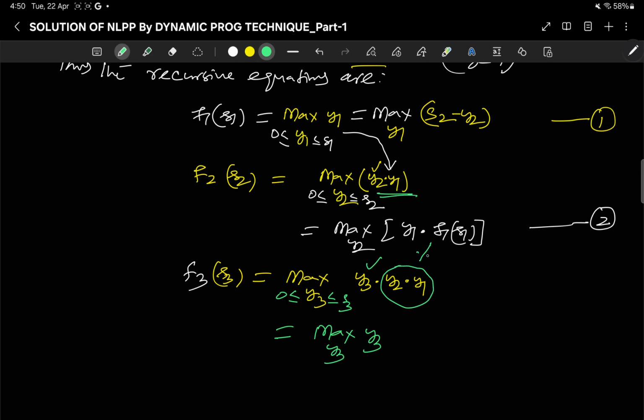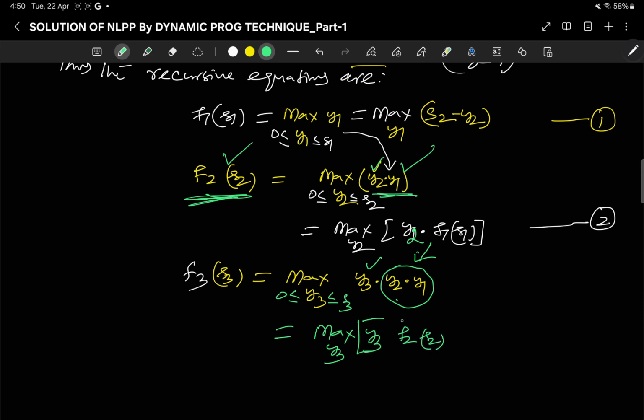Sorry, this is y2, so y2 is already silent, so this value I am substituting here: this is my f2(s2) that I am substituting.